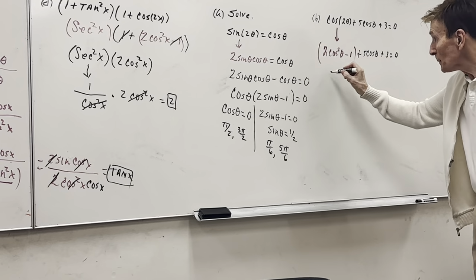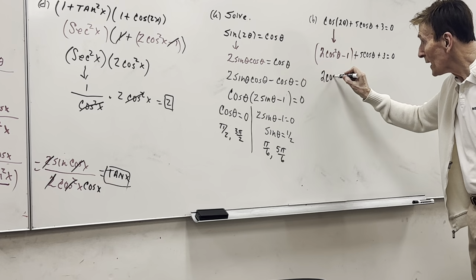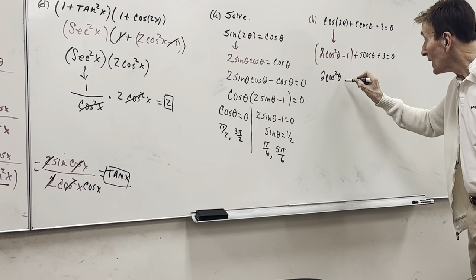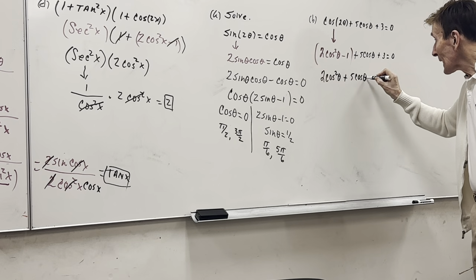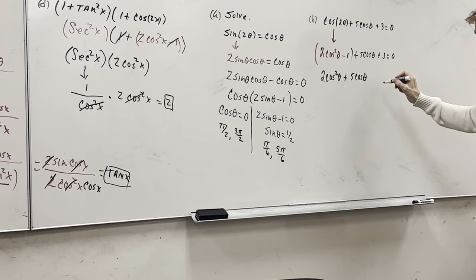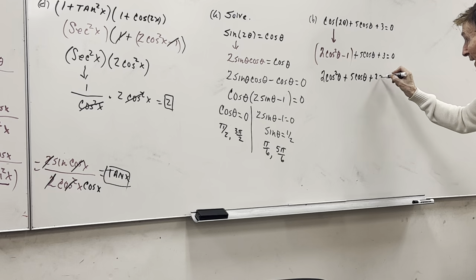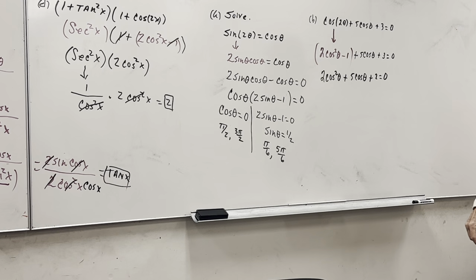Guys, clean this up a little bit. This is 2 cosine squared theta plus 5 cosine theta, and put my numbers together, -1 plus 3 is plus 2. And this might be calling for you to do what at this point? There you go, you guys are good at that, let u be something.